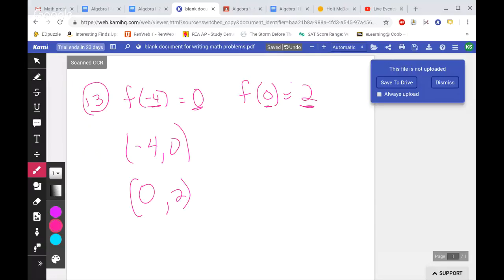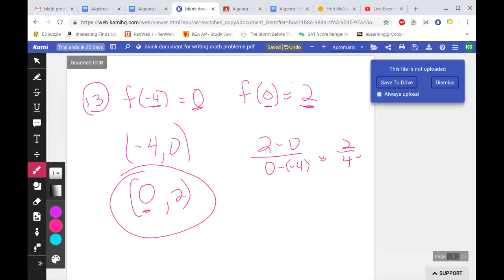And you write them, and then you just calculate slope, and then this right here is your y-intercept because the x is a 0. It's the same exact problem now. 2 minus 0 over 0 minus a -4.